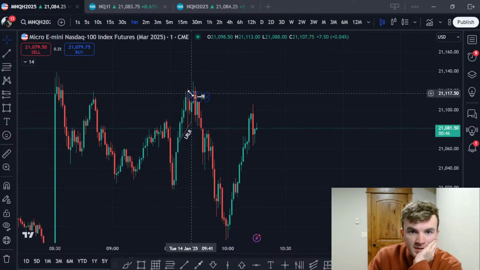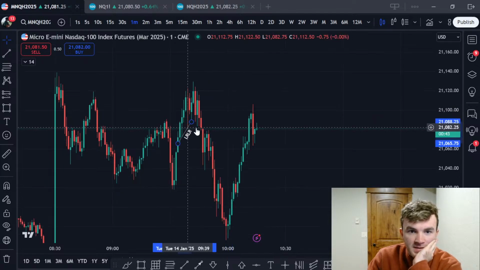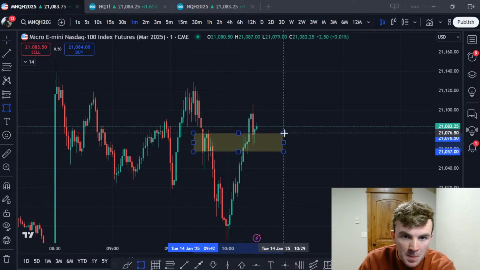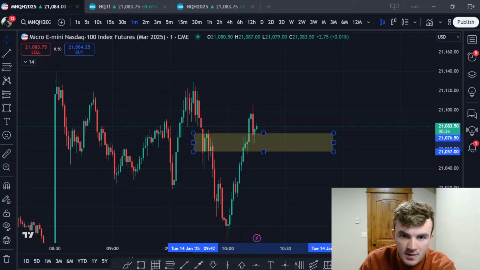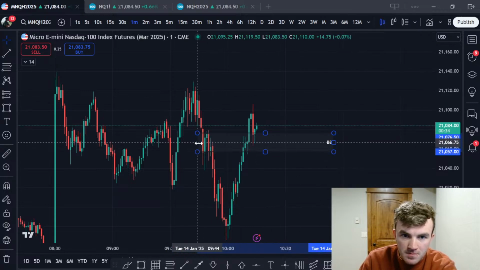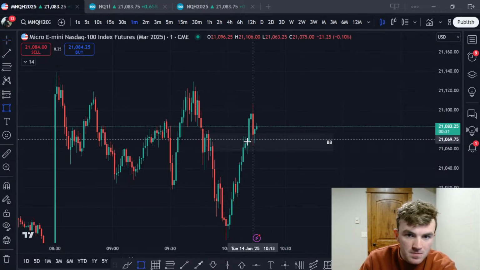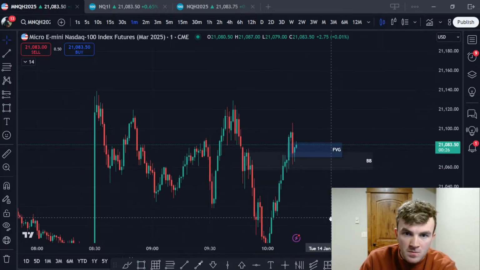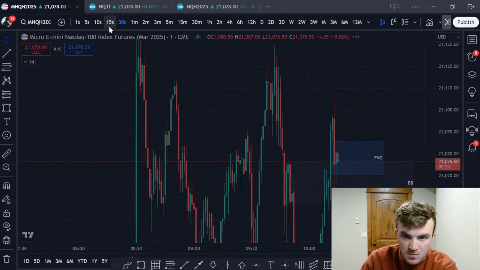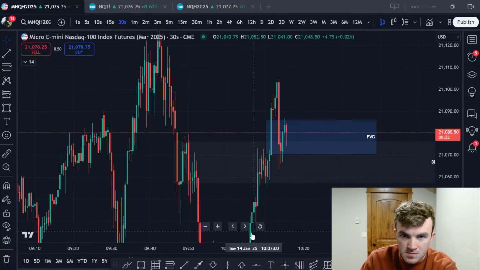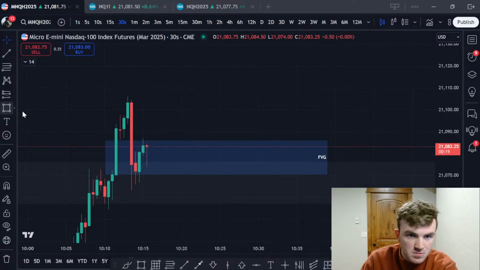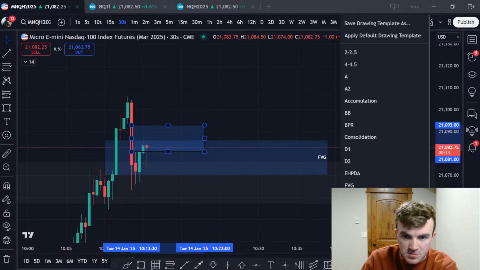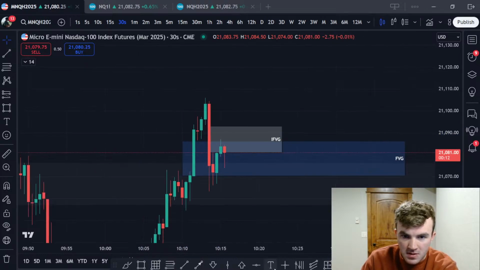Here we have a breaker and a fair value gap. I think we're going to go run the data high now. I want to see this inverse. And then, yeah.